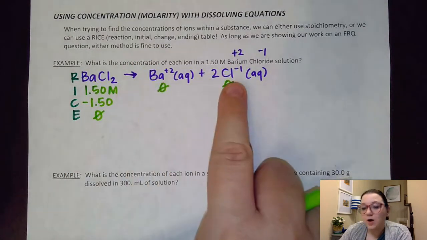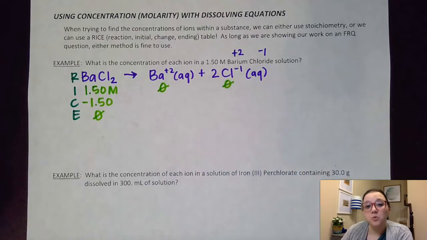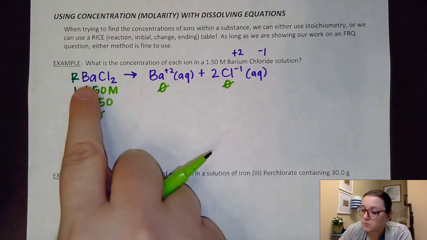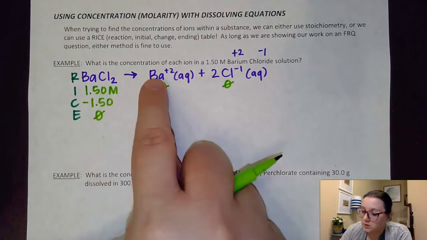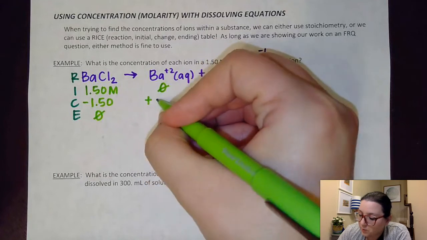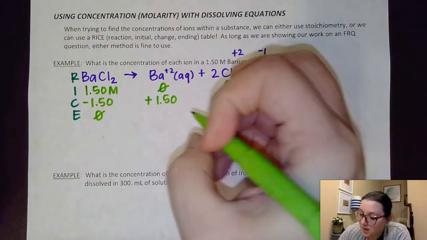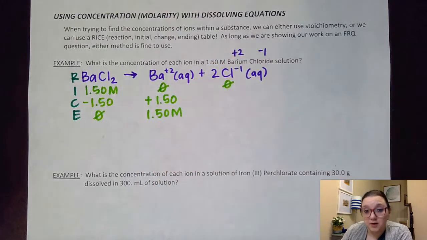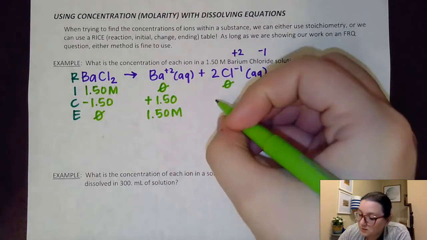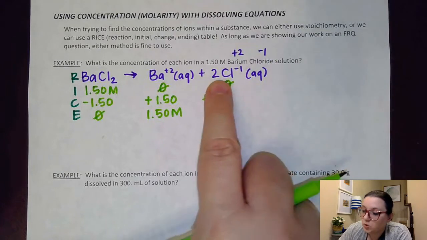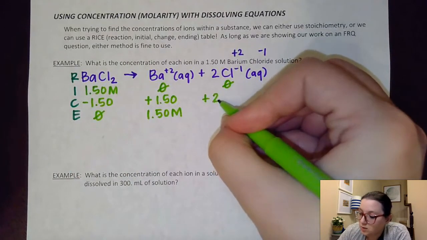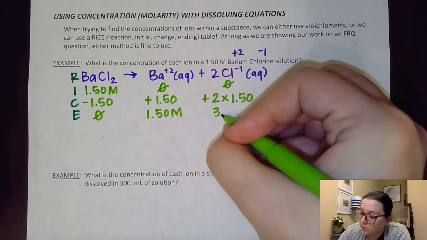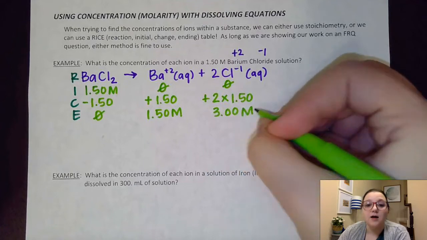However, these two ions are both going to go up in mole-to-mole ratios that correspond with the original barium chloride. So since barium chloride and barium are in a 1-to-1 ratio, this will go up by 1.50, meaning at the end I would have 1.50 molarity of the barium ion. And for the chloride, this would go up in a 2-to-1 ratio. So 2 times the 1.50, meaning at the end I would have 3.0 molarity of it.